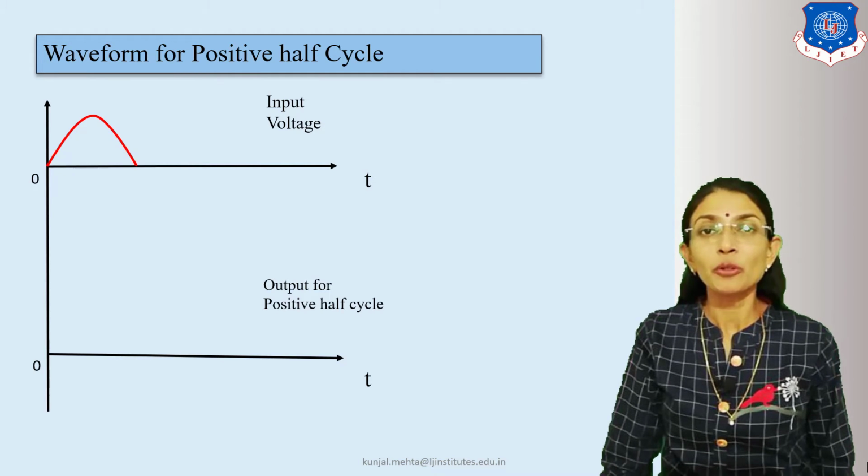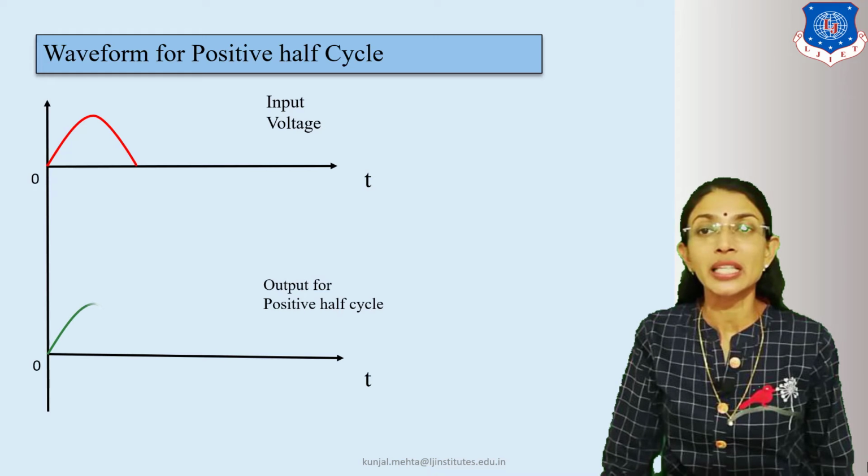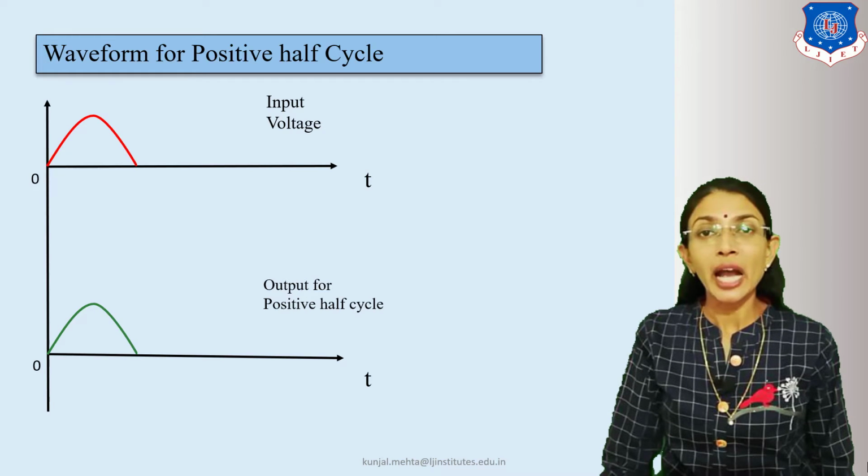The current flows from top to bottom and we get the output across RL, so the final output will be the same as the input; the output follows the input.